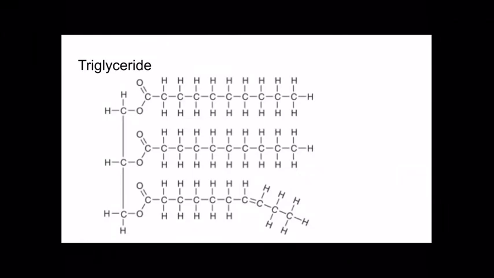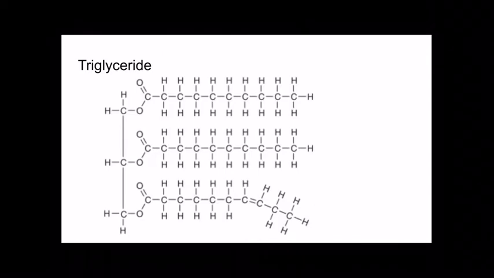All right, now if we put it all together, we have a triglyceride. Here on the left, standing upright, we have those 3 carbons that form the glycerol backbone of the triglyceride. Each of those carbons has a carboxyl group attached to it, and attached to that are the fatty acid chains. One thing we're seeing here is that the fatty acid chains in a triglyceride do not all have to be the same.